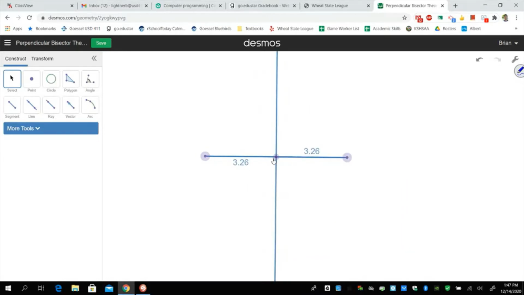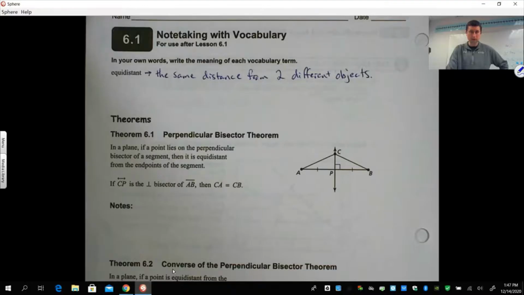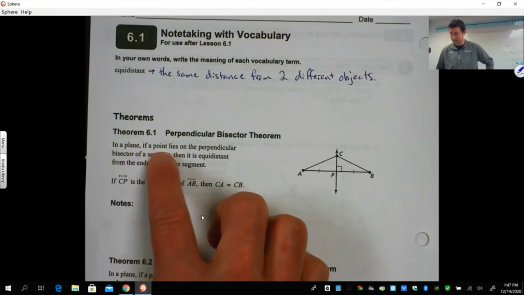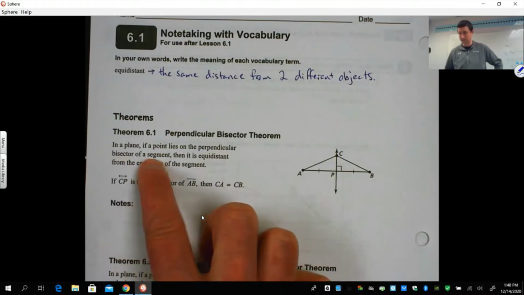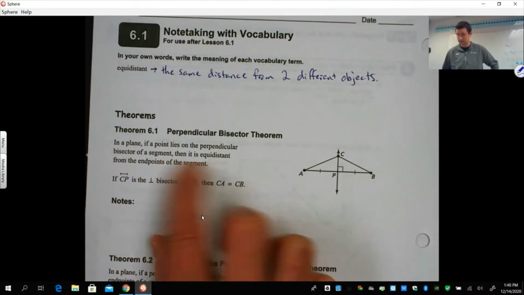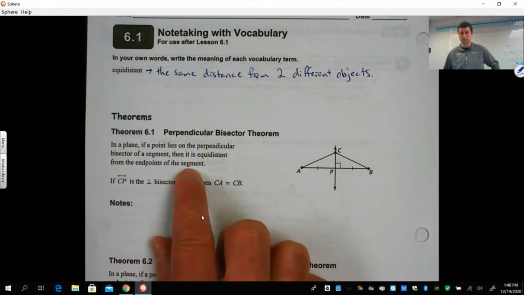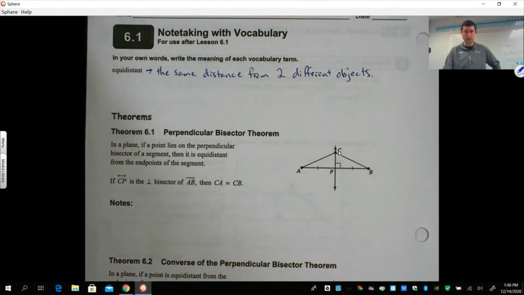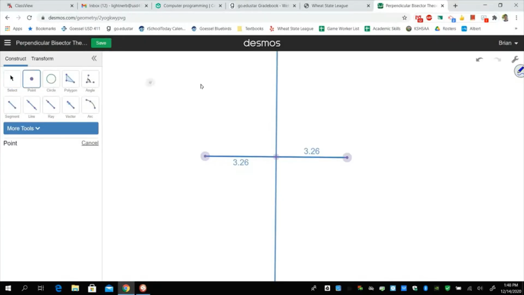So what happens when you have a perpendicular bisector? Our theorem says if a point lies on the perpendicular bisector of a segment, then it is equidistant from the endpoints of the segment. I have to put a point on my perpendicular bisector, so I'll put another point right there. No matter where that point goes, whether up high, really close, or down here, the distance from that point to these endpoints will always be the same.